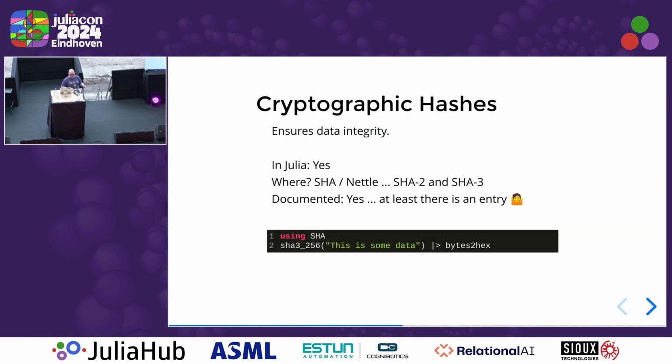Next. Cryptographic hashes. That's to ensure data integrity. We want to make sure that our data is exactly what we think it is. Nobody tampered with it. That's what they call hashes. The most used right now is the very unimaginatively named Secure Hashing Algorithm, or SHA.